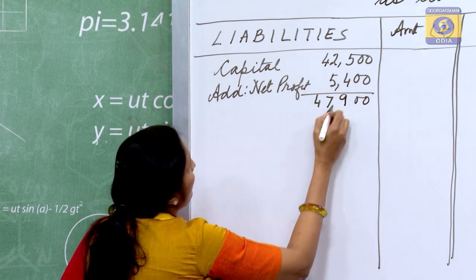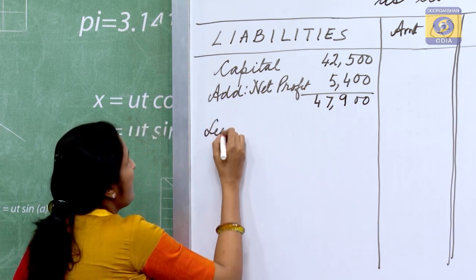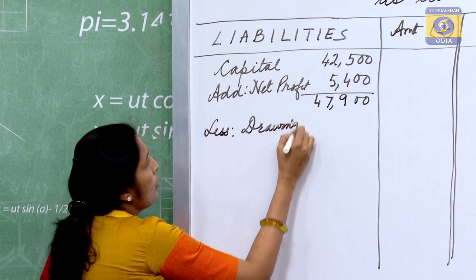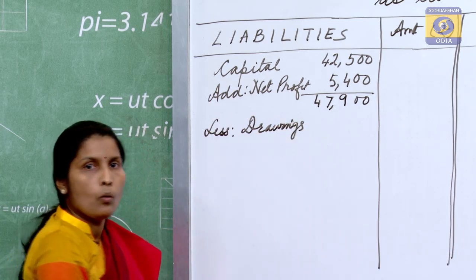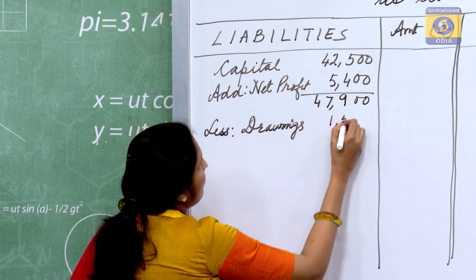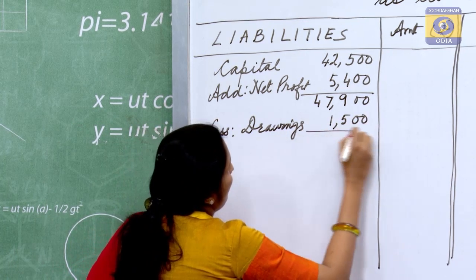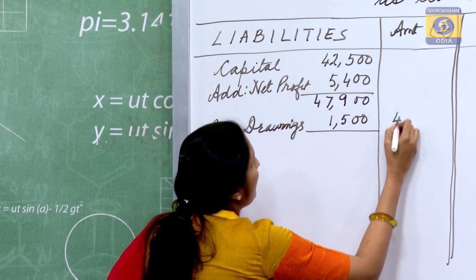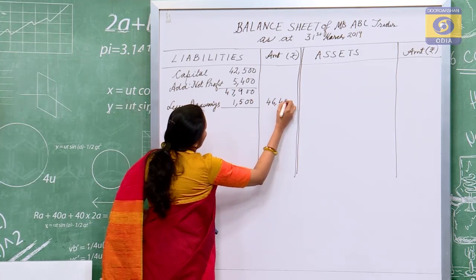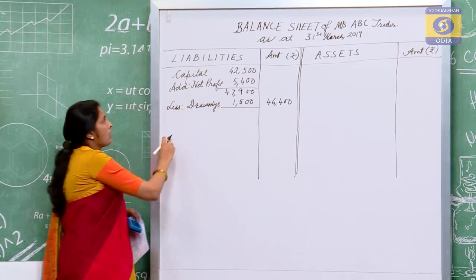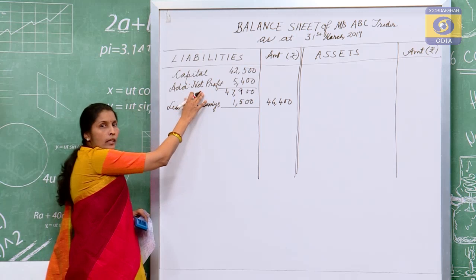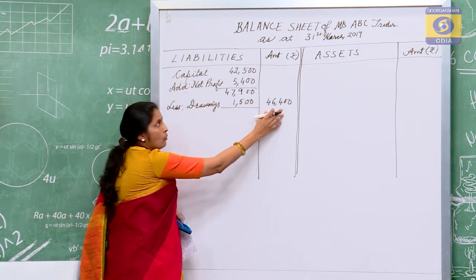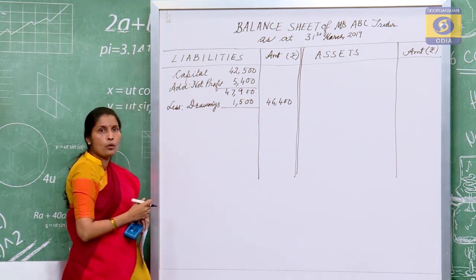This is 47,900, less we'll have drawings. So the amount of drawings given to us is 1,500. So what goes to the outer column is 46,400. So I hope this part is clear. To get the capital, we have added net profit, and then we have deducted drawings from that, and it goes to the outer column, to the amount column, 46,400.